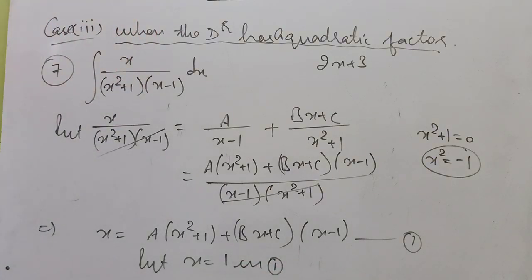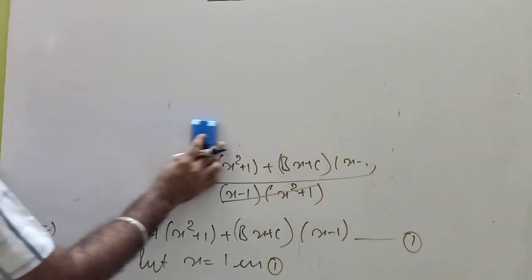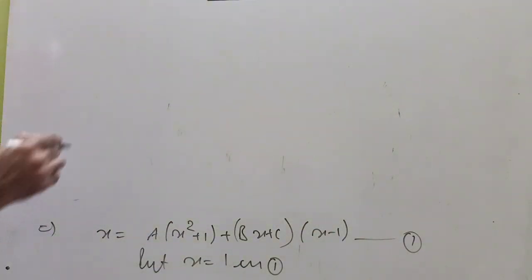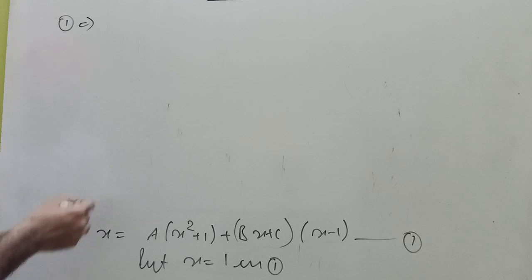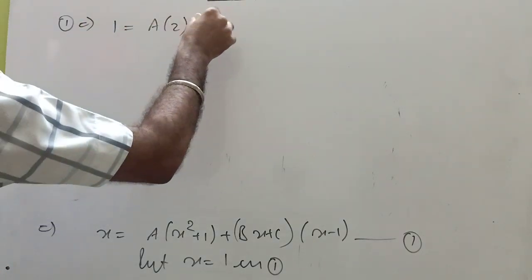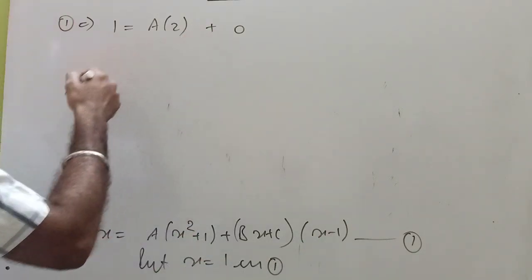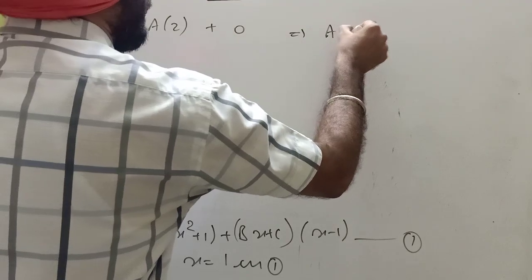So number 1 implies x is 1. A into (1 plus 1) is 2, plus the next value is 0, because when we put x equal to 1 there will be 0. So the value of a is 1 by 2.